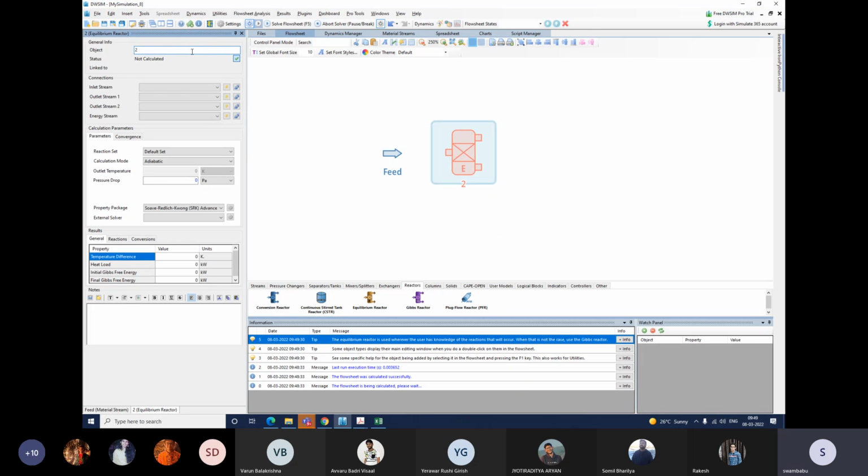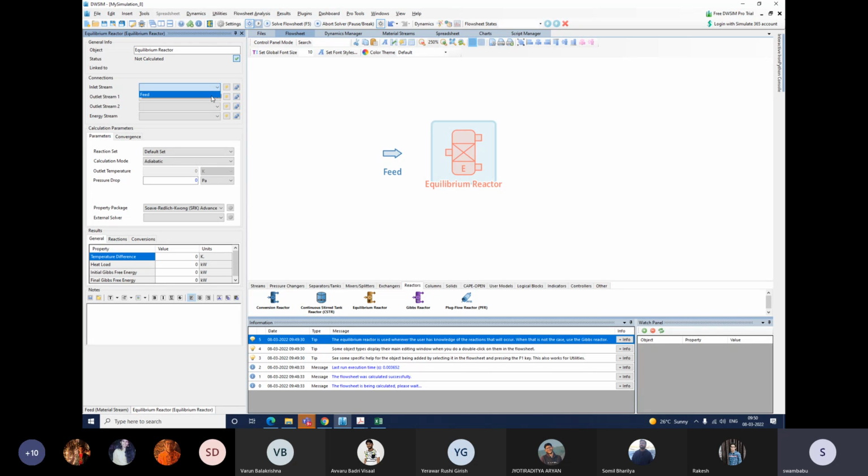So the equilibrium reactor is in red, that means we haven't given the required conditions.